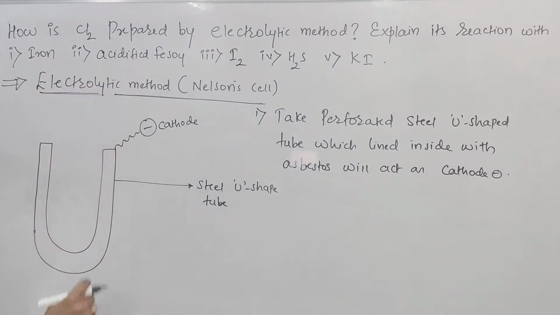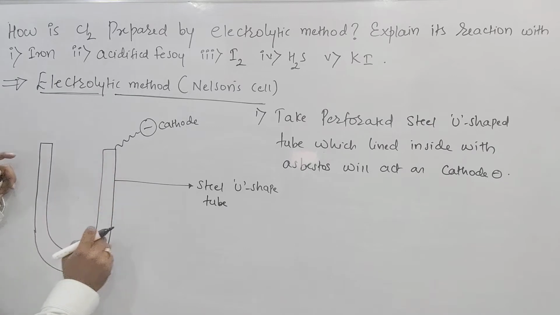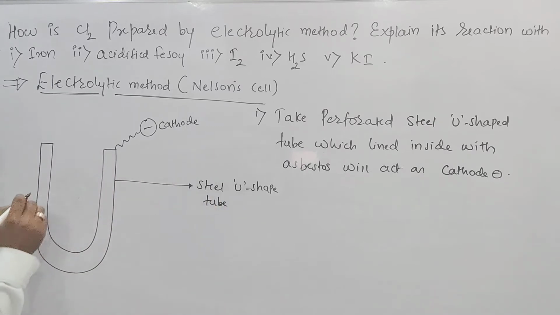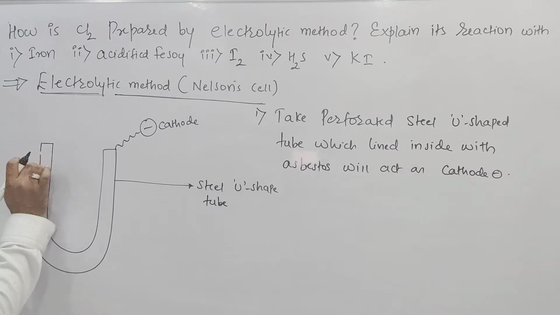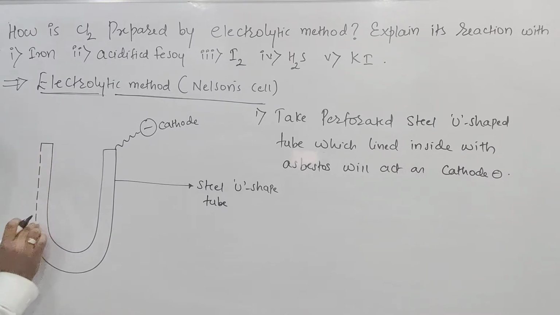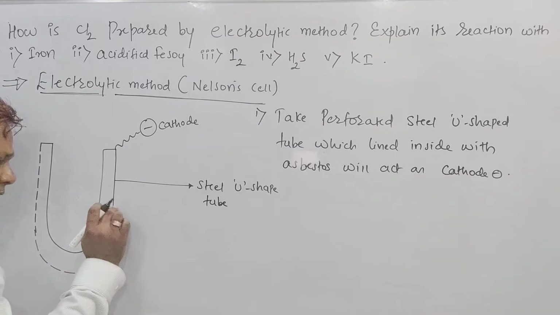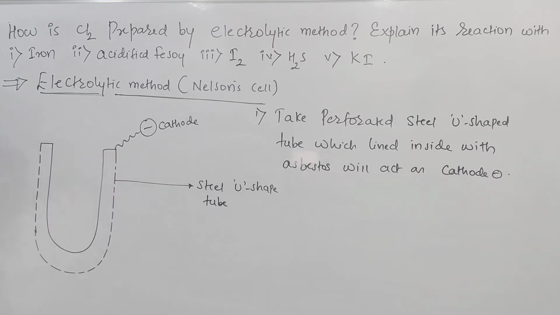Now see in the diagram what I did here. I took the steel U-shaped tube and it has perforations at its bottom. But if we keep anything in this tube, it will come out, so it should not come out again. It is lined inside with asbestos.